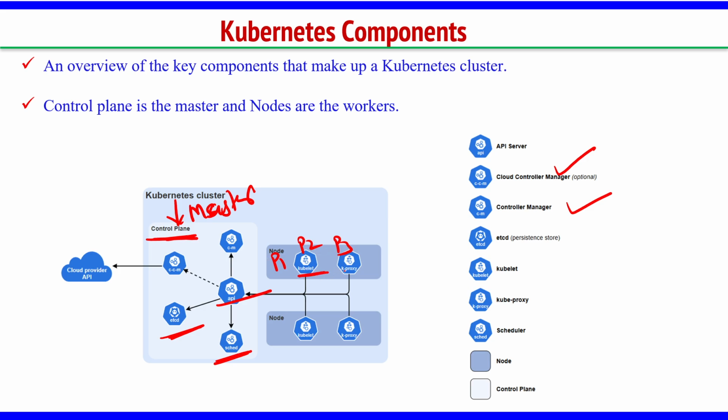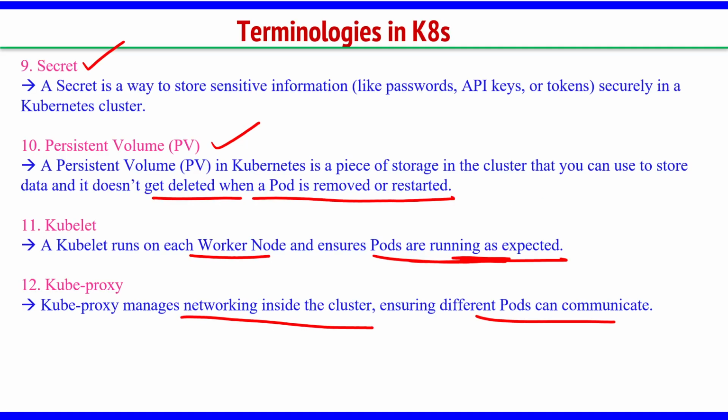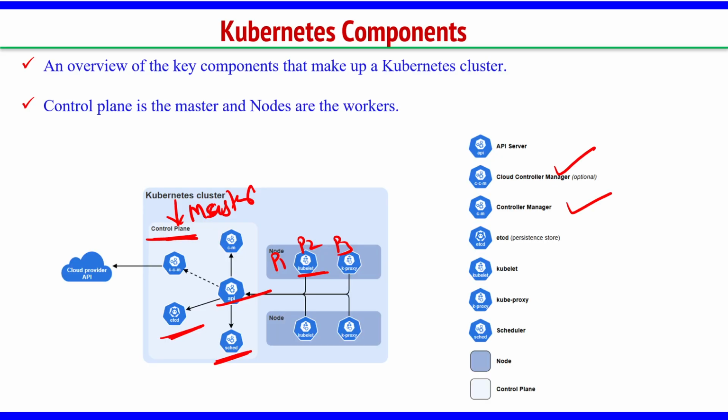And kubeproxy, right? Kubeproxy manages the networking inside the cluster, ensuring different pods can communicate. So when these pods want to talk to each other, that is possible using the kubeproxy. Okay, so these are different components inside Kubernetes.